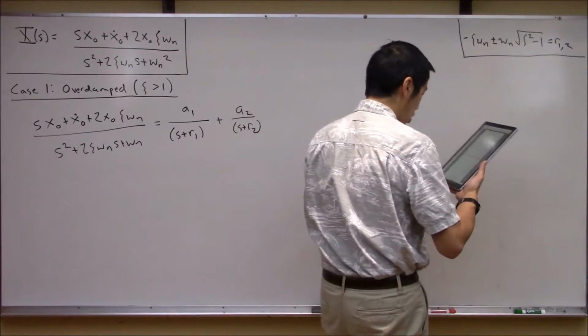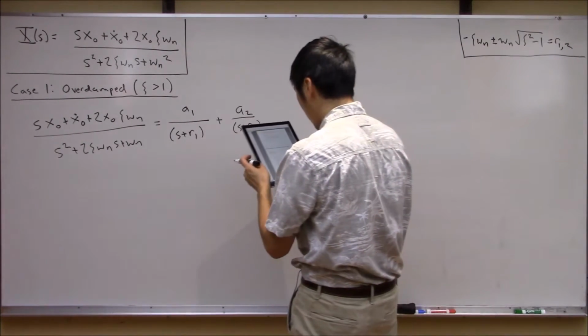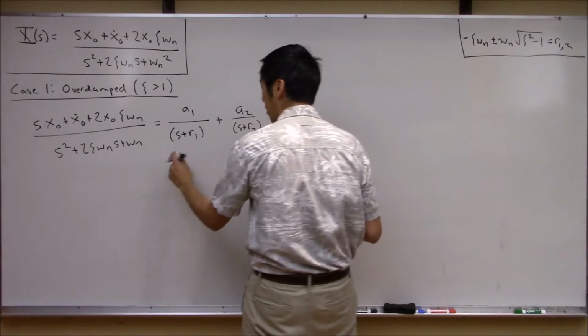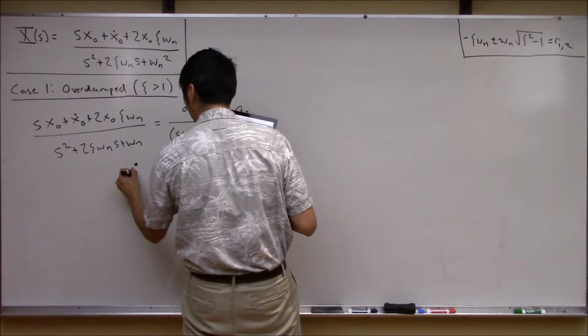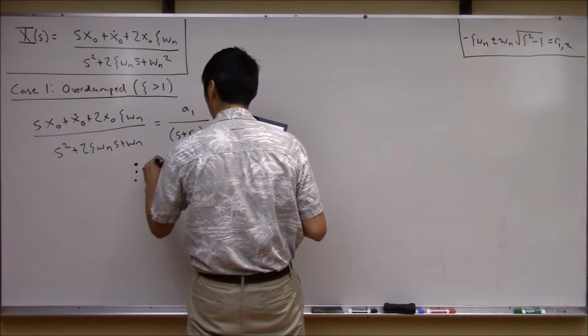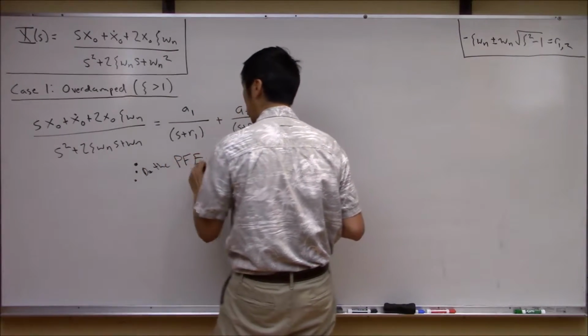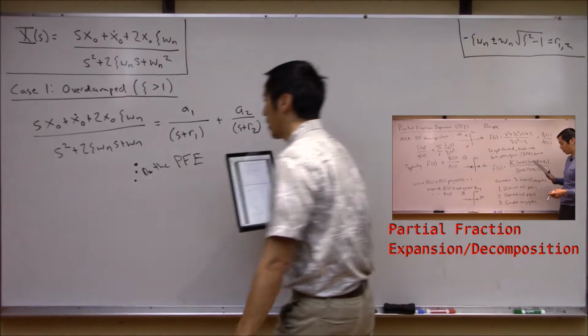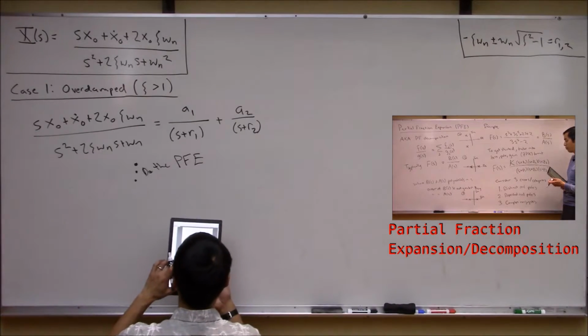This is a little bit boring because at this point it's just, dot, dot, dot, do the partial fraction expansion of this. And we talked about how to do that in a previous video, so I don't think it's worth going over it.